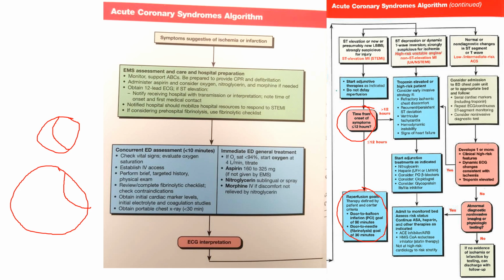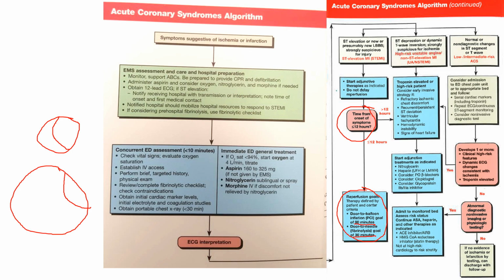The reperfusion goals: therapy defined by patient and center criteria, door-to-balloon inflation, PCI goal of 90 minutes, door-to-needle fibrinolysis goal is 30 minutes. That's interesting. The balloon catheter opens things up, and fibrinolysis breaks down the clots. From the time they come in the door to the time they get a balloon in them, you want 90 minutes, but if you can do fibrinolysis, you want that to be about 30 minutes.